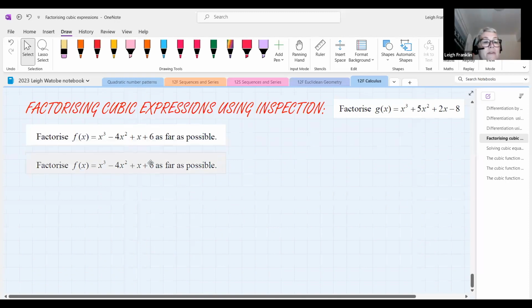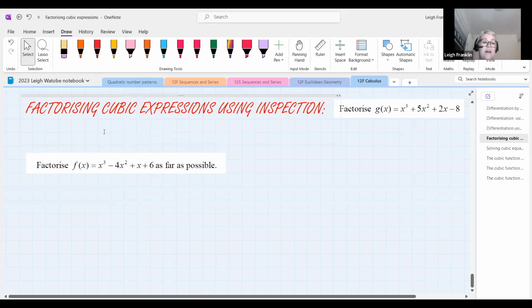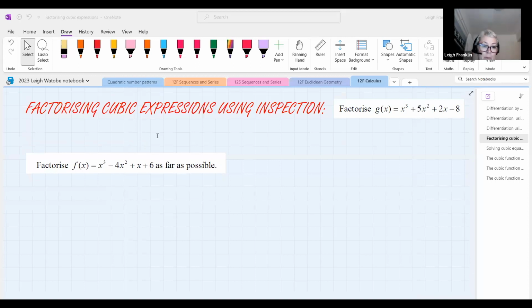We're going to use factor theorem over here where they've asked us to factorize f of x equals x cubed minus 4x squared plus x plus 6 as far as possible. Now we need factor theorem because we have not been given a linear polynomial. Right now, there is no other way for us to be able to do this other than a little bit of trial and error to start off with.